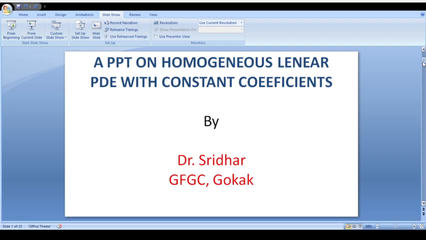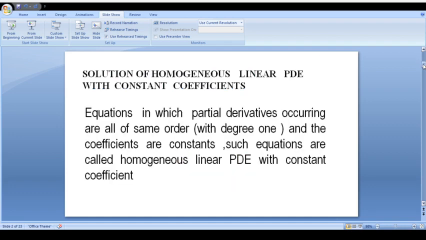So now let us see what is a homogeneous partial differential equation. An equation in which the partial derivatives occurring are all of the same order, with all partial derivatives having degree 1 and all the coefficients constant, is called a homogeneous linear partial differential equation with constant coefficients.